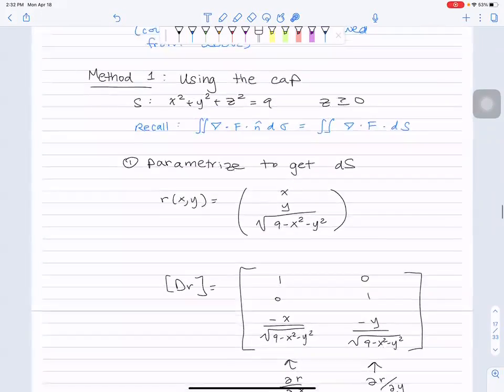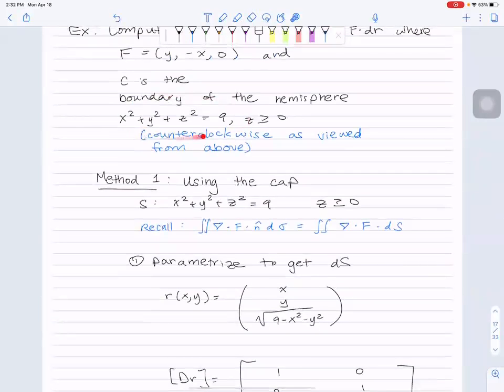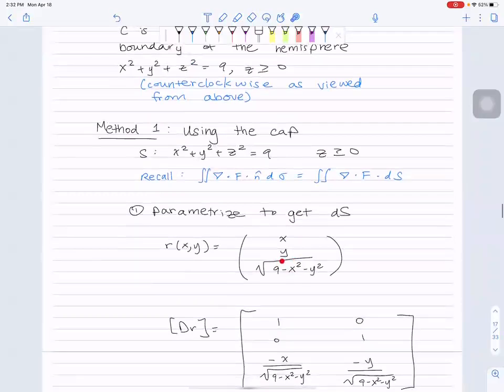If we want to parameterize, our hemisphere is defined as x squared plus y squared plus z squared equals 9. We want to get rid of one of the variables. If I get rid of the z variable, I just want my parameterization with x and y. Then how could I rewrite z? Well, z equals the square root of 9 minus x squared minus y squared. And so that's how I get my z, now in terms of x's and y's.